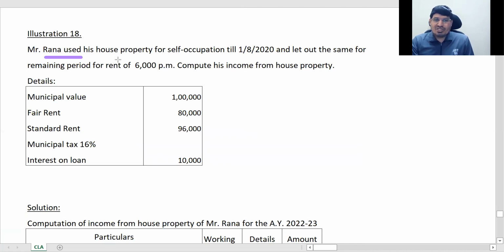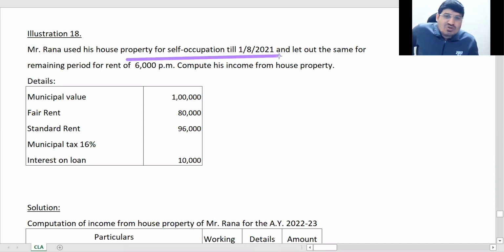He used this property for self-occupation till 1/8/2021. So self-occupation till July, correct? April, May, June, July, 4 months of self-occupation, then he let it out at a rent of 6,000. So for 8 months, 8 sixes are 48,000 rent he would have got.